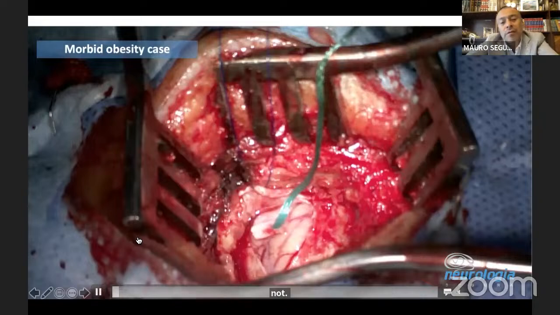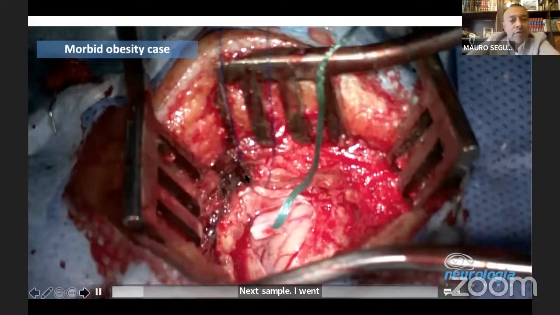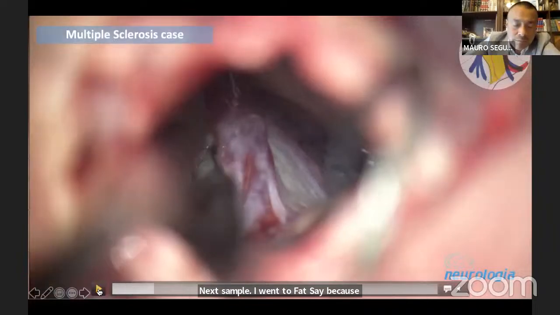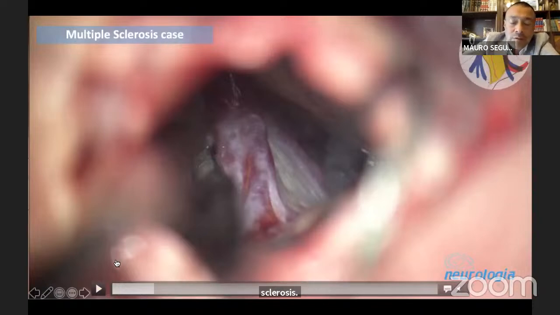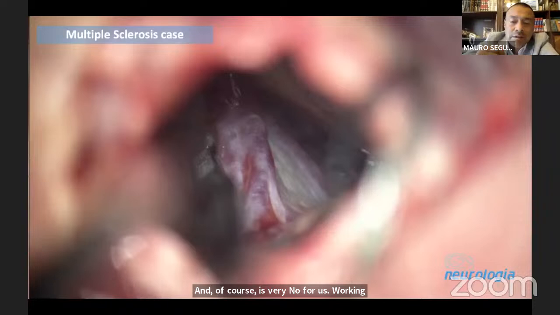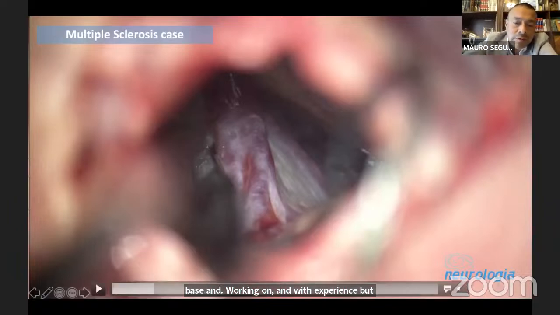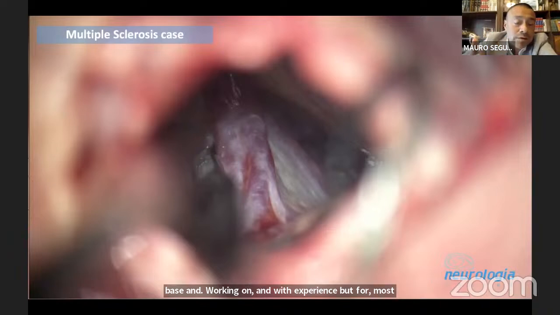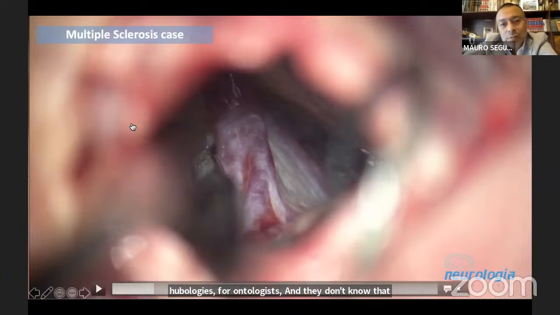Next sample. I want to emphasize this because a friend of ours is watching from Spain, and has many cases of multiple sclerosis and trigeminal neuralgia. Of course, it is well known to us, neurosurgeons working in the skull base and on trigeminal neuralgia with experience. But most general neurosurgeons, neurologists, algologists, and otologists don't know that half of the patients with multiple sclerosis have a vascular compression.